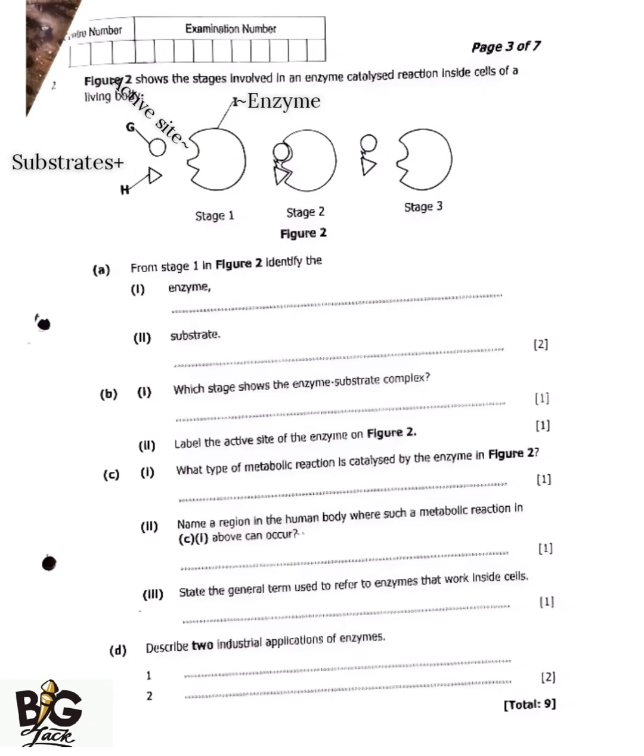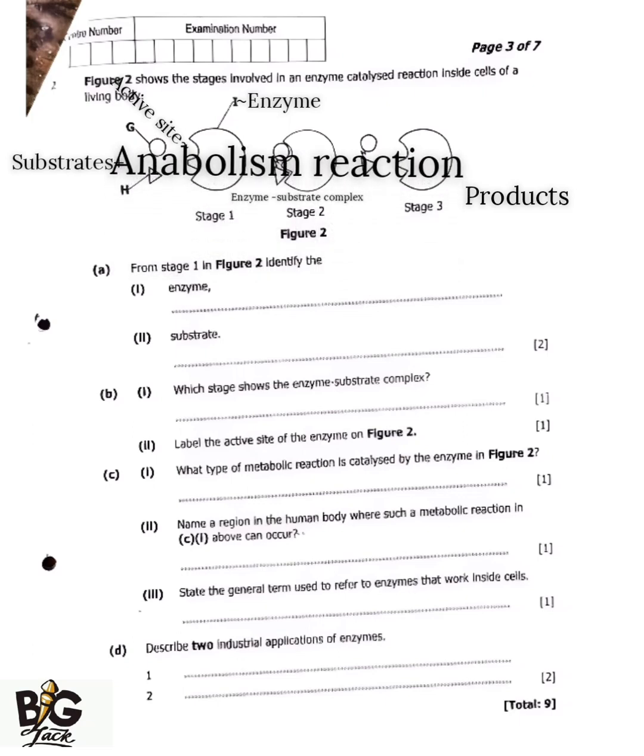At the end of the reaction, at stage 3, these are the products which are formed. The enzyme remains the same at the end of the reaction. It doesn't change. G and H at stage 3 are joined together. This type of metabolism is anabolism, because G and H are small molecules built up to form a large molecule.